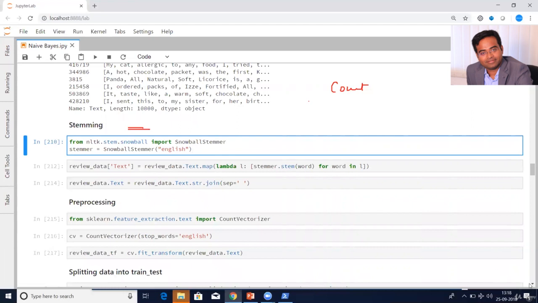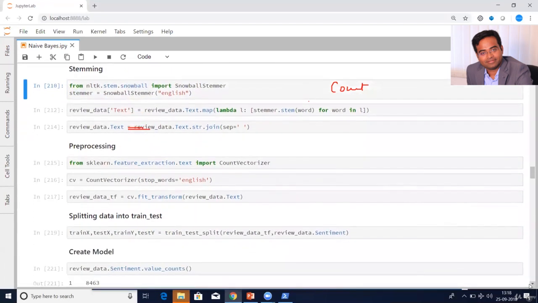Okay, after stemming, we want to now convert the entire data into counts, with words representing each column and the value being the count. That's what we are using, count vectorizer. And the stop words is English, so that it gets rid of the not so important words. If you mention English here, it means some predefined set of words it will get rid of.